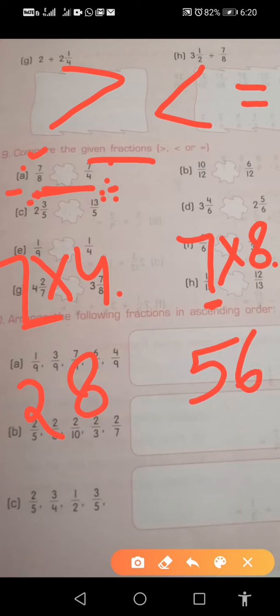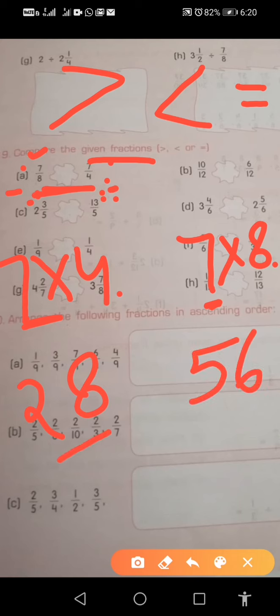Numerator to denominator, denominator to numerator, and the numerator is 7 for this fraction. 7 4s are 28, 7 8s are 56.